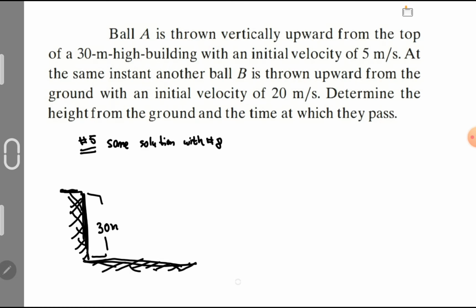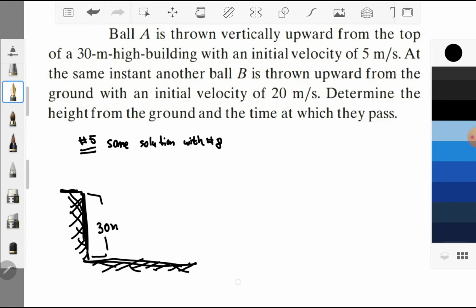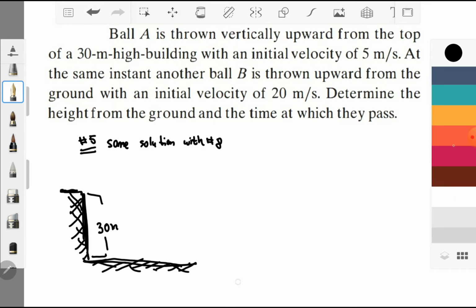Your ground is that we have our another ball. So another ball yan, which is thrown from this ground with a velocity of 20 meters per second. Okay? So dalawang bola yan. Binato pataas.